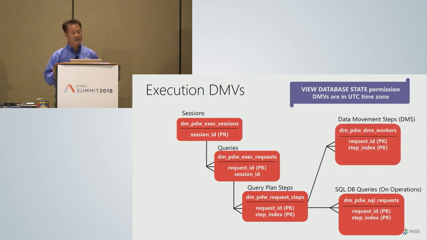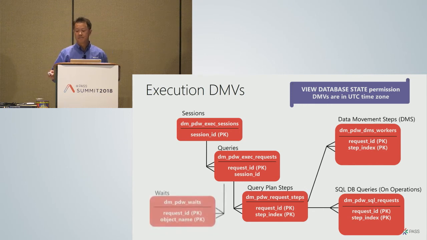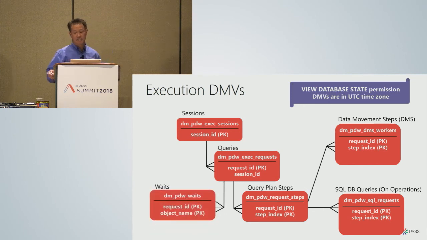And then, of course, if there is a DMS operation, you want to take a look at the DMS workers. This is where you can drill down and click at the reader step, all 60 of them. You want to look at the writer step, all 60 of them, to see, again, if there is any skew, if any one node is slowing, or there's a bad node. So those are the steps that you want to take a look at, right? And of course, the waits. As you know, the waits right now only reveal locks and concurrency.